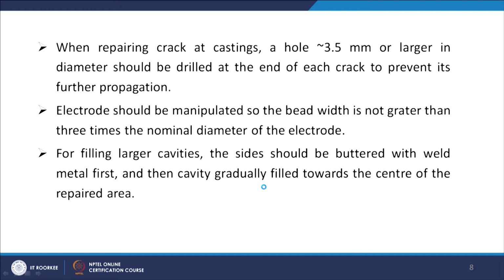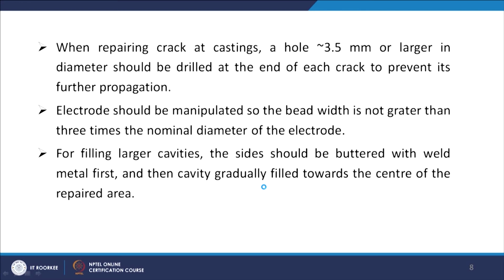The electrode has to be manipulated so that the bead width is not greater than 3 times the nominal diameter of the electrode. So, this is also important from the design point of view, to know what diameter of electrode should be chosen depending upon the bead width.